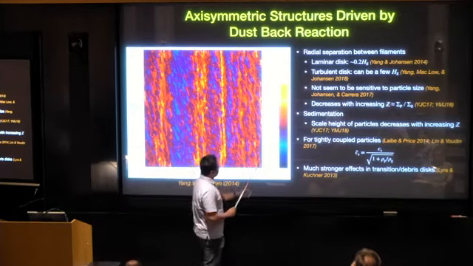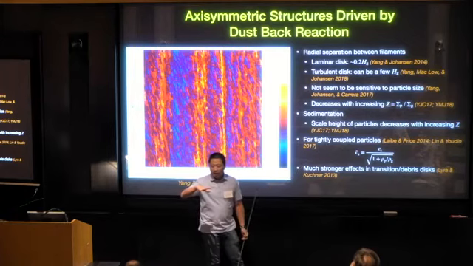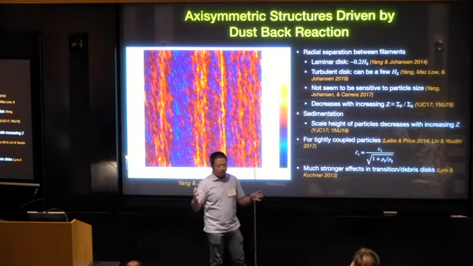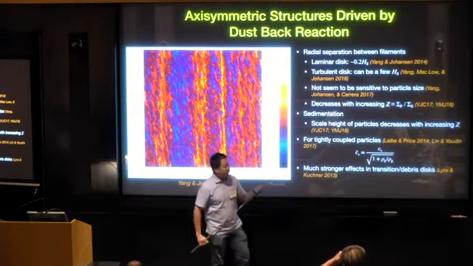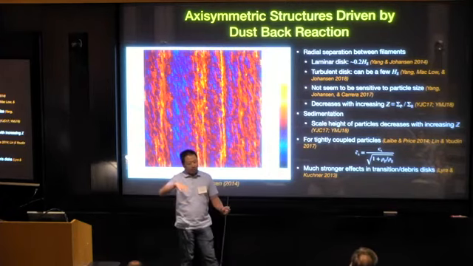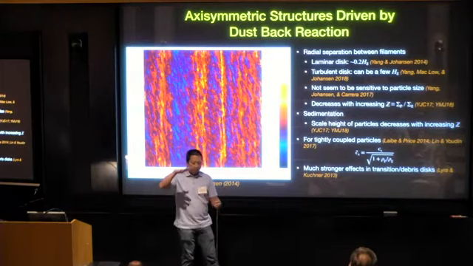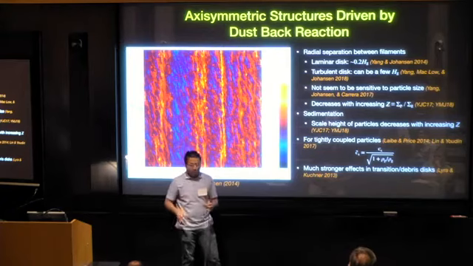And the important thing is that it clearly decreases with the solid loading. So the higher the solid abundance, the smaller the separation, and you get more filaments. That is the radial direction. In the vertical direction, I also clearly see that you can sediment more when you have a higher concentration.